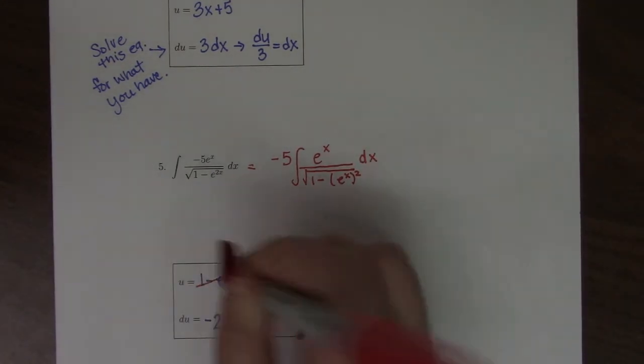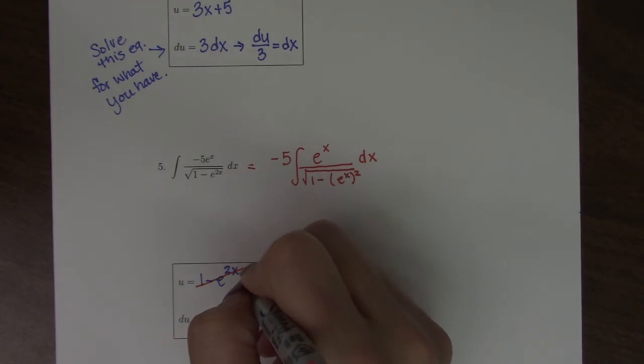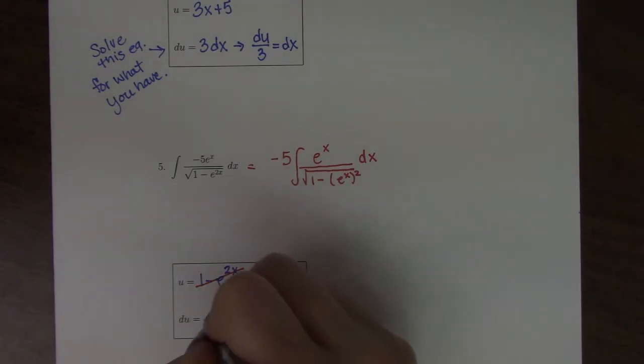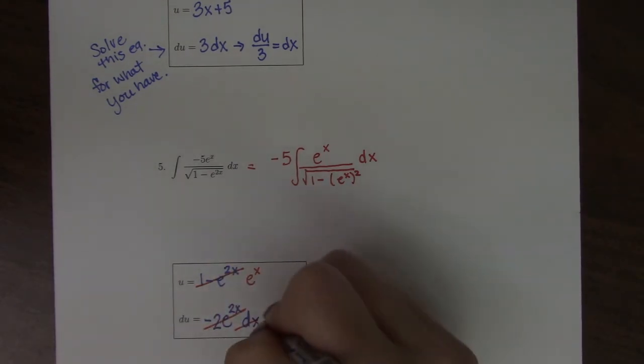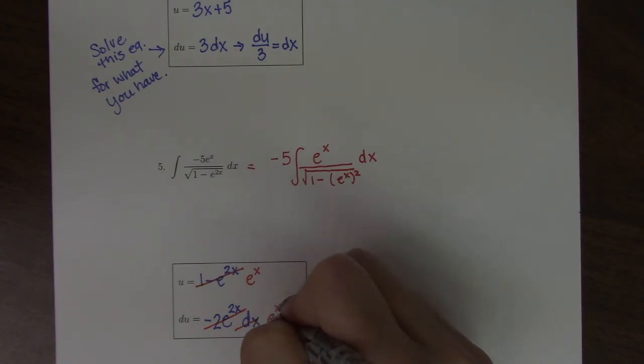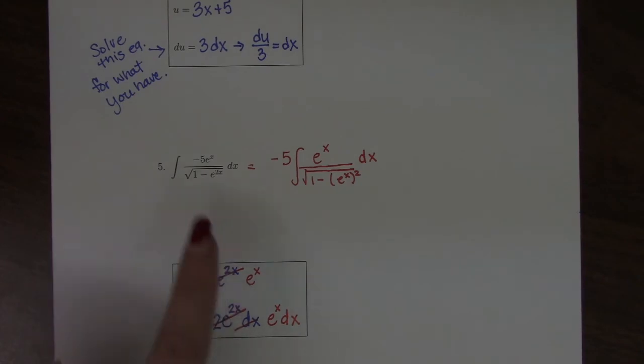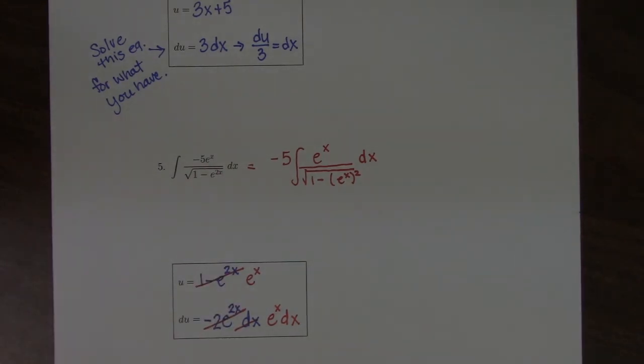So now let's write u as e to the x. So then my du is e to the x dx. So see, if I had tried to use the entire expression, I didn't have a 2x up there and there was no way I could make one.